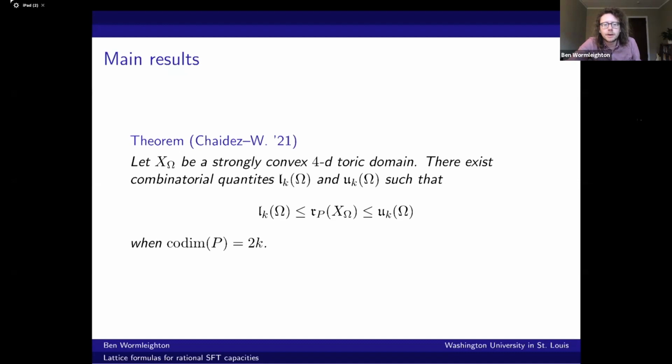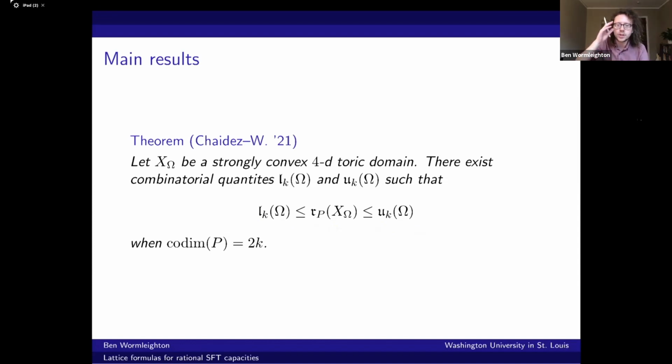So our first main theorem will also restrict to 4 dimensions. Again, I'll make some comments about where that comes in and where we can move past it. Suppose X_Omega is a strongly convex toric domain, so coming from one of these Omegas with this normal condition. Then there exist combinatorial quantities L_K and U_K, which I'm denoting as just with a single argument Omega to make it clear that they're really combinatorial, depending only on Omega, such that L_K lower bounds R_P, and R_P is upper bounded by U_K.